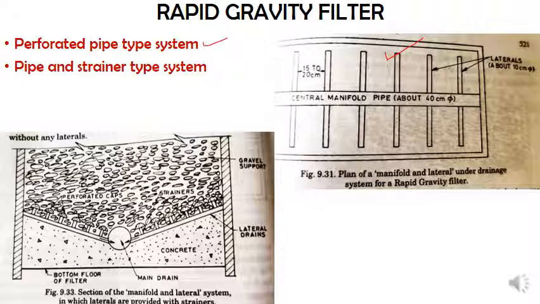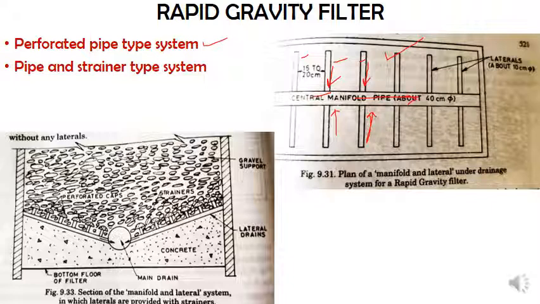Similar to the slow sand filter, we have laterals over here and a main pipe over here. These pipes will be sloped towards the central line, and each central line is again sloped towards one side where the effluent is collected.